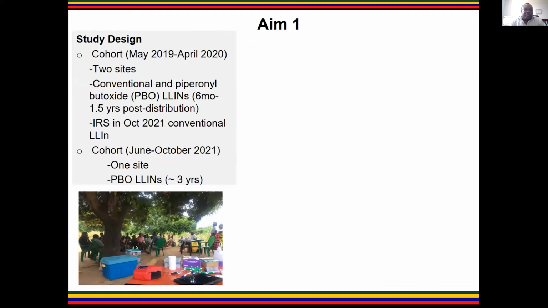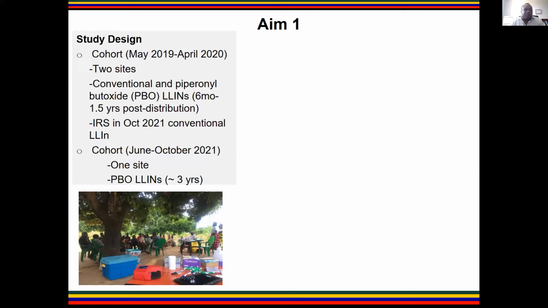To address the first question, we recruited a cohort of children from 2 sites. And from one of these sites, as Don has highlighted, the National Malaria Control Program in Malawi piloted PBO nets in the national 2018 distribution campaign.